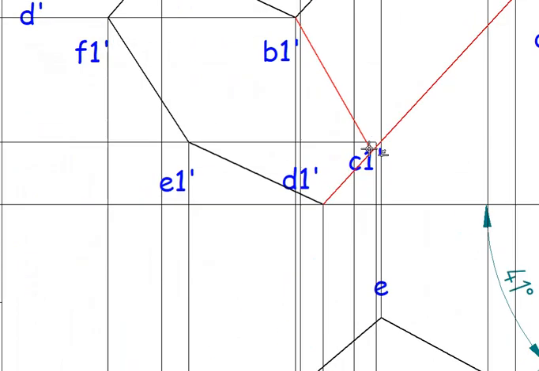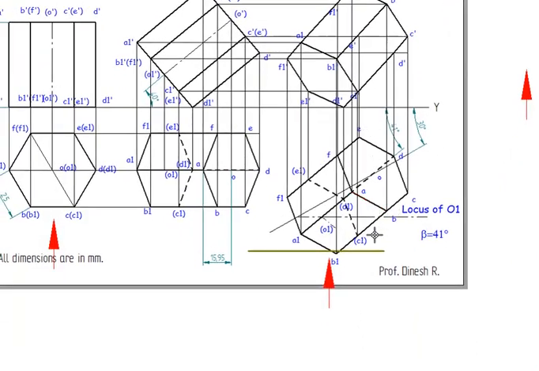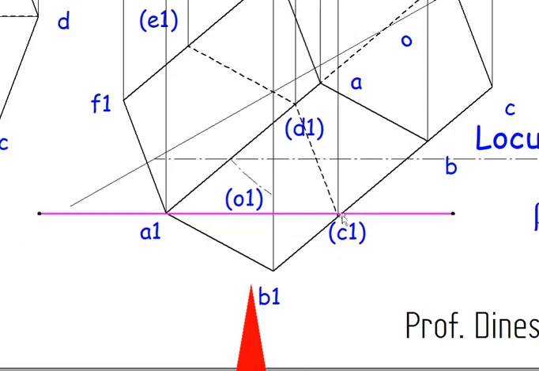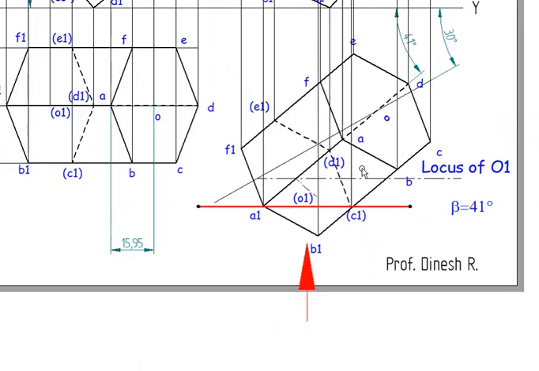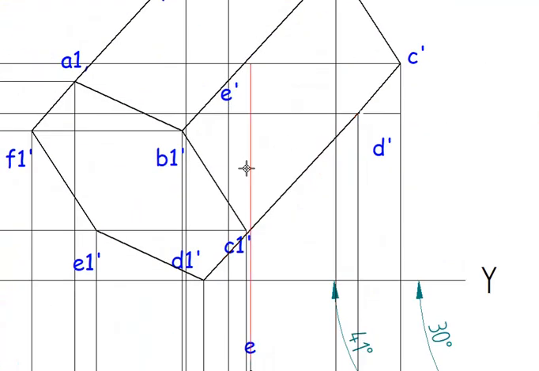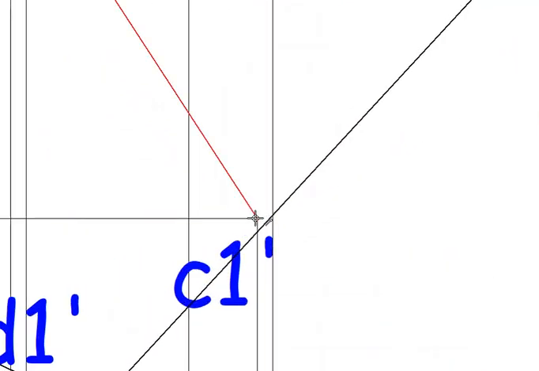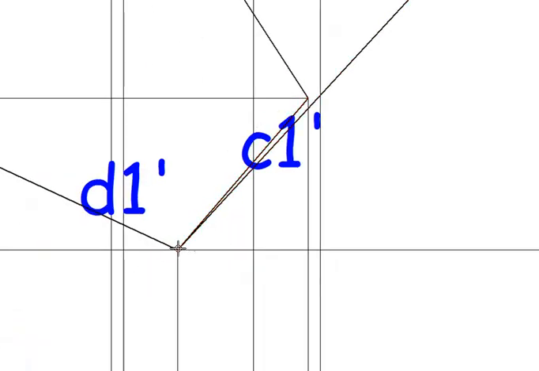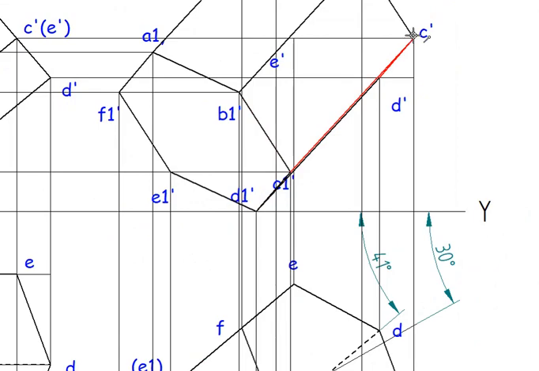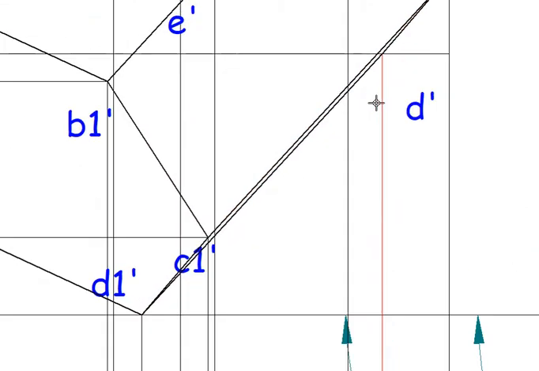B1 to C1 is thick line. Let's move to the next nearest point, which is nothing but C1. Lines joining C1 should also be thick lines. So from C1 to D1, C1 to C is visible edges.